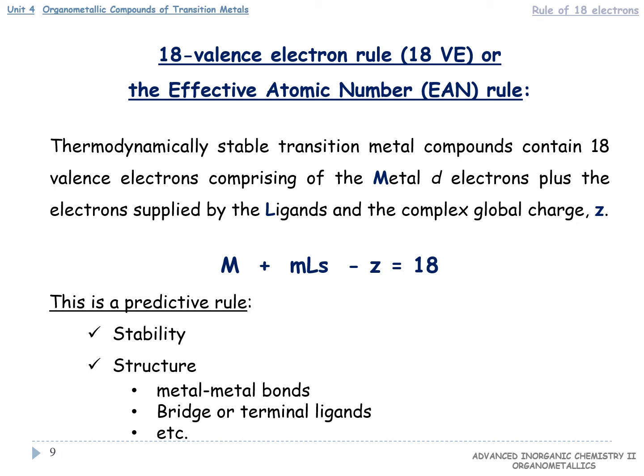By counting the number of electrons in the outer layer around each metal atom in a complex, you can predict not only whether the complex will be stable or not, but that in some cases there will be metal-metal bonds, and whether the ligands will form bridges or will be terminal, among others.